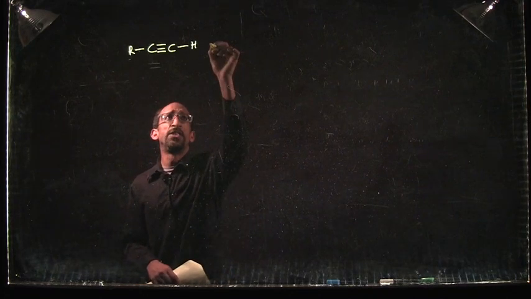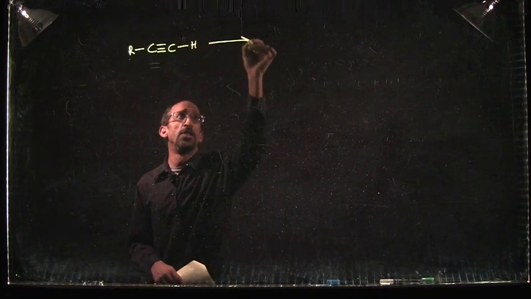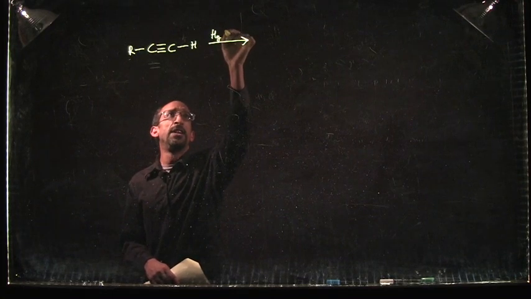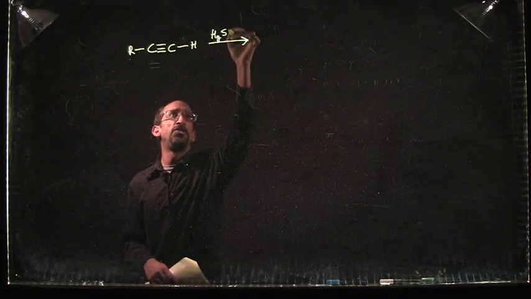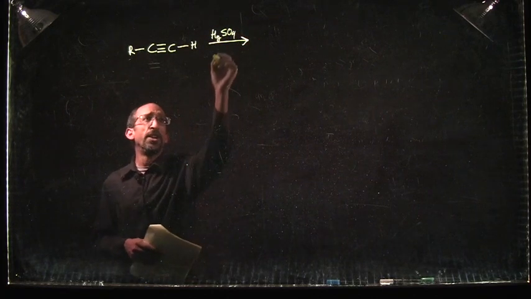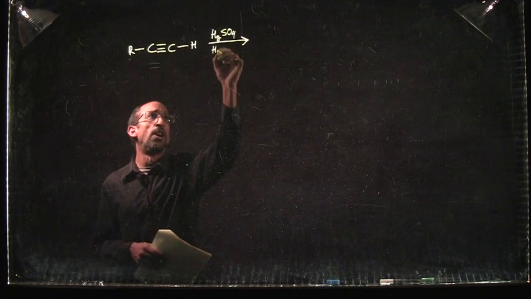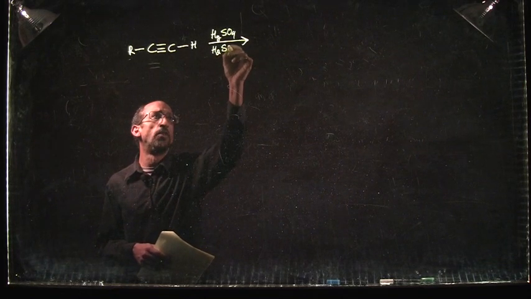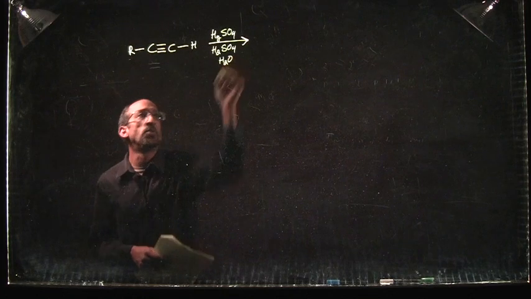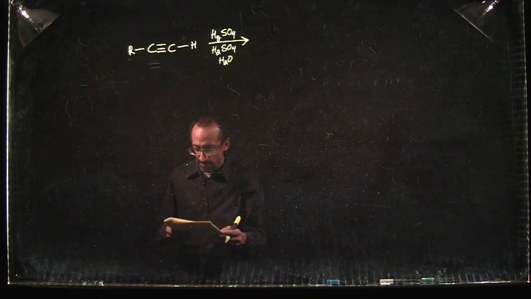We have to add a Lewis acid into this mixture as well. That Lewis acid is going to be mercury(II) sulfate, HgSO4. We're going to use that in combination with our strong protic acid, H2SO4, and then finally water, which is what we're trying to add across this triple bond.